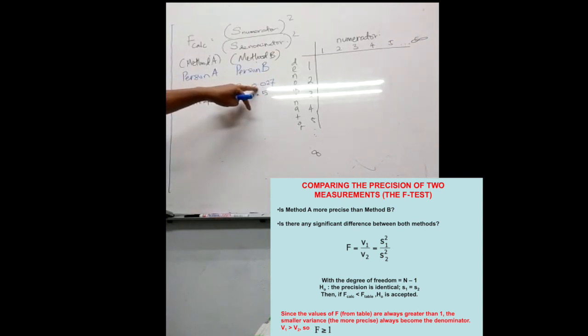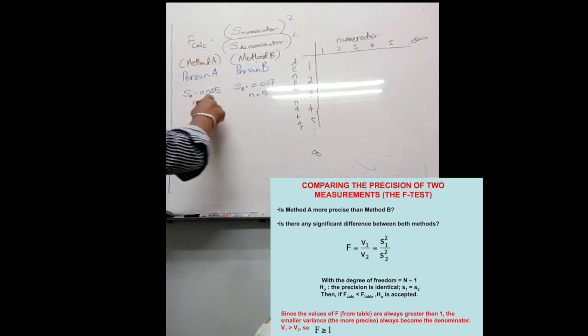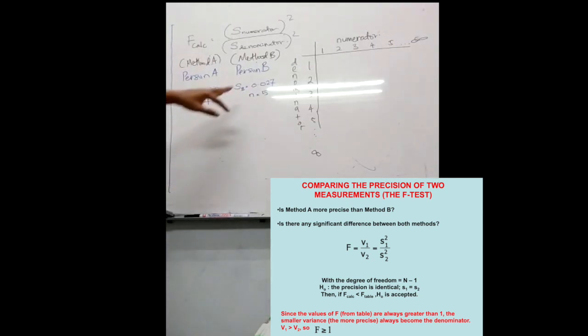Based on this, maybe we can simply say this one is more precise. No, we cannot simply say this is more precise. We have to confirm by using the F-test. Okay, how to use the F-test? If you look at these two numbers, which is the higher? The higher is this one, so this one becomes the numerator.